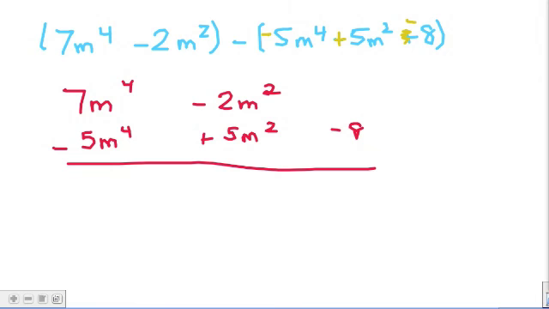All right, let's go ahead and solve this out. 7 take away 5 is 2m to the fourth. Negative 2 plus 5 is going to be plus 3m squared. And then we bring down the negative 8. And that's it, okay?